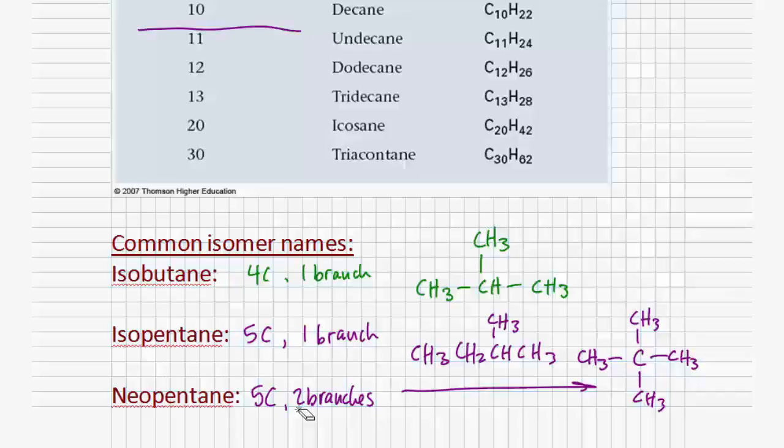It's not iso where there's just one. When there's 2 branches, we can say that there's a 3-carbon chain going straight through the middle here. On the middle carbon, there's one going up, and then there's one going down. And that's it. So isobutane, isopentane, and neopentane are names for common isomers that you should be aware of.